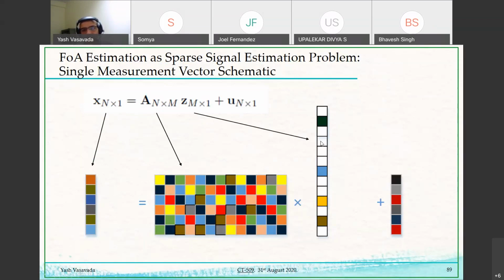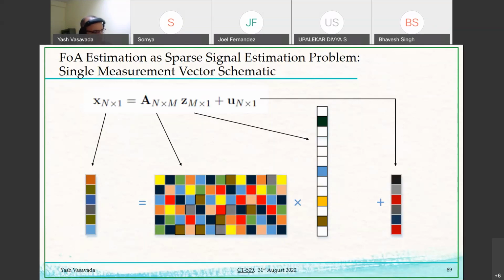All the white ones are zeros. And this signal vector we are measuring in presence of some noise. So this is the visual representation of this equation that we have seen.